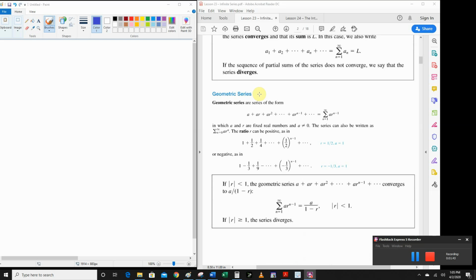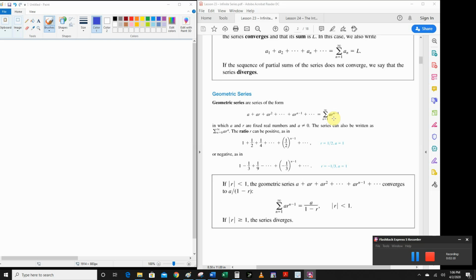A special series that you'll be dealing with a lot is a geometric series. And it's in the form, the sum going from 1 to infinity of a times r raised to the n minus 1 power, in which a and r are both fixed real numbers.